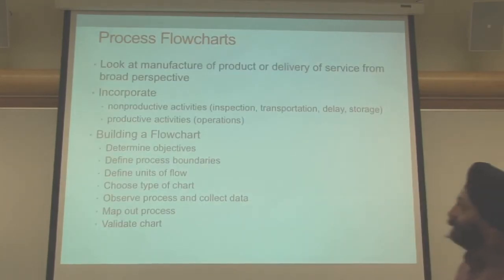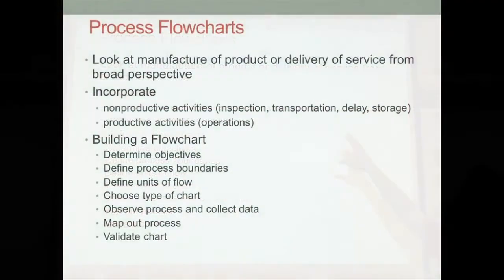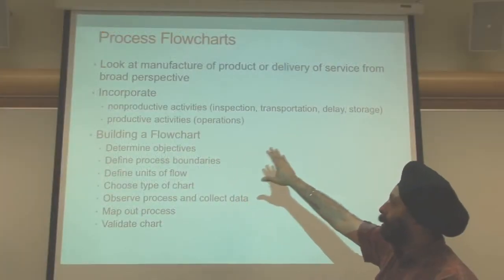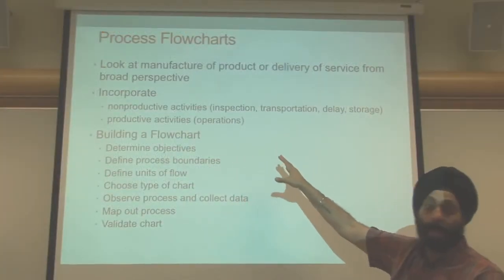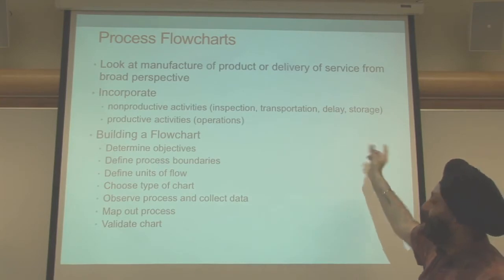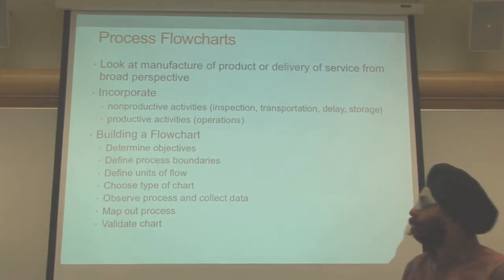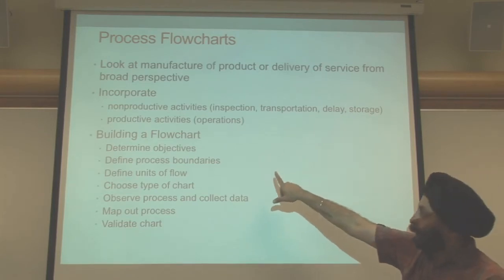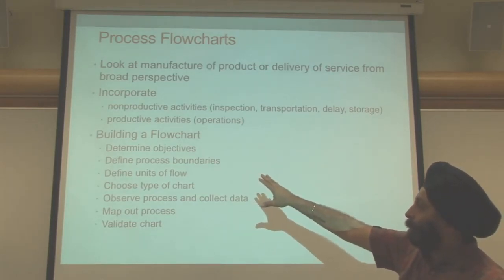Process flowcharts look at the manufacturing of products or delivery of service from a broad perspective, and incorporate non-productive activities, which are inspection, transportation, delay, and storage, and productive activities, which are operations.